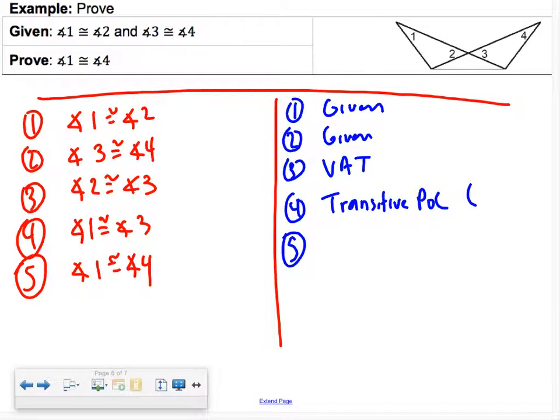We're going to take line 3 and plug that into line 1. Now we can then say for line 5 that it's the transitive property of congruence again, and we're going to plug in line 2 into line 4, which then allows us to complete this proof.